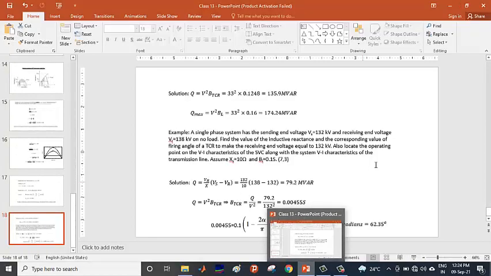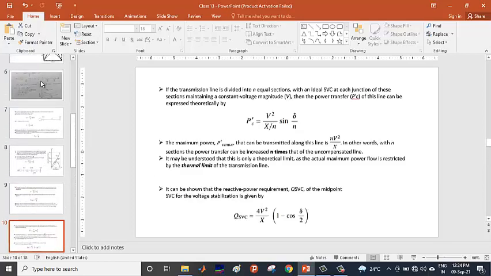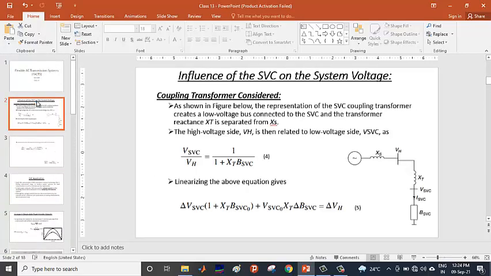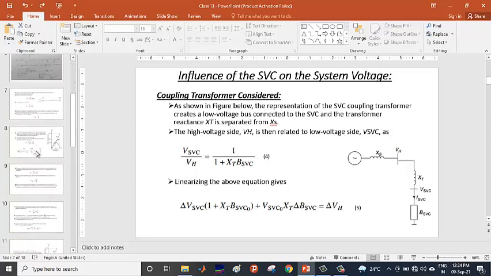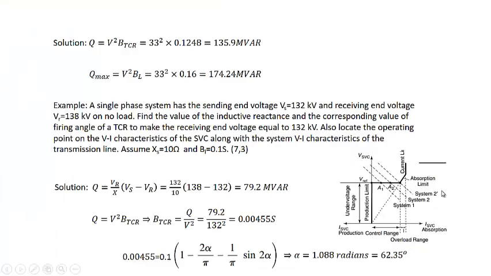Now we have to locate the operating point on the VI characteristics. This is the VI characteristics. So here alpha is equal to 62.35 degrees.